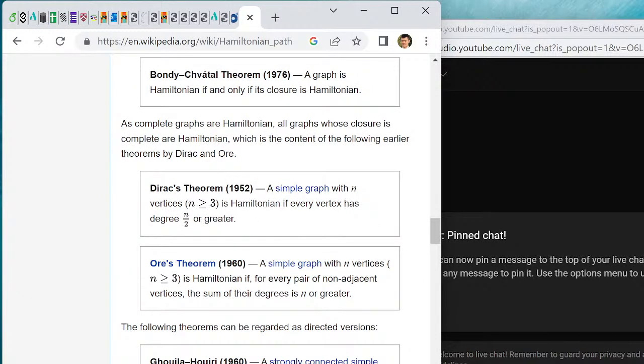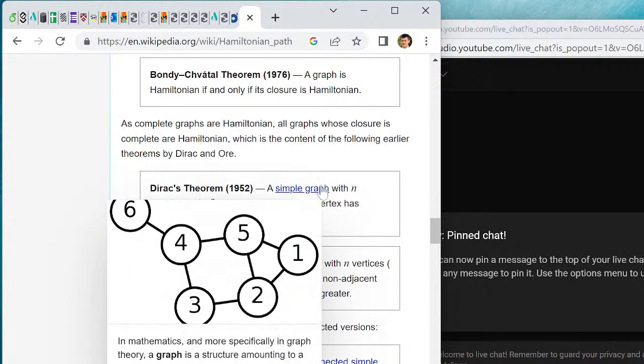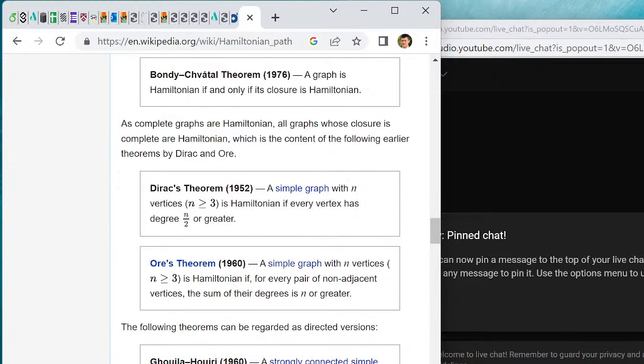That's similar to Dirac's theorem, with n, if every vertex has degree n over 2 or greater. Well, here the sum of the degrees is n minus 1, so it's very close, because one of them will have to be n over 2.